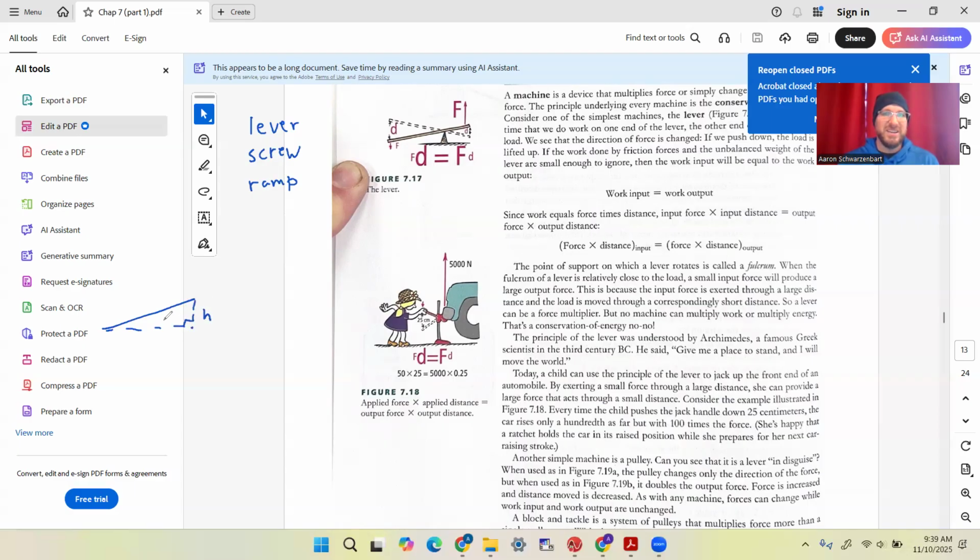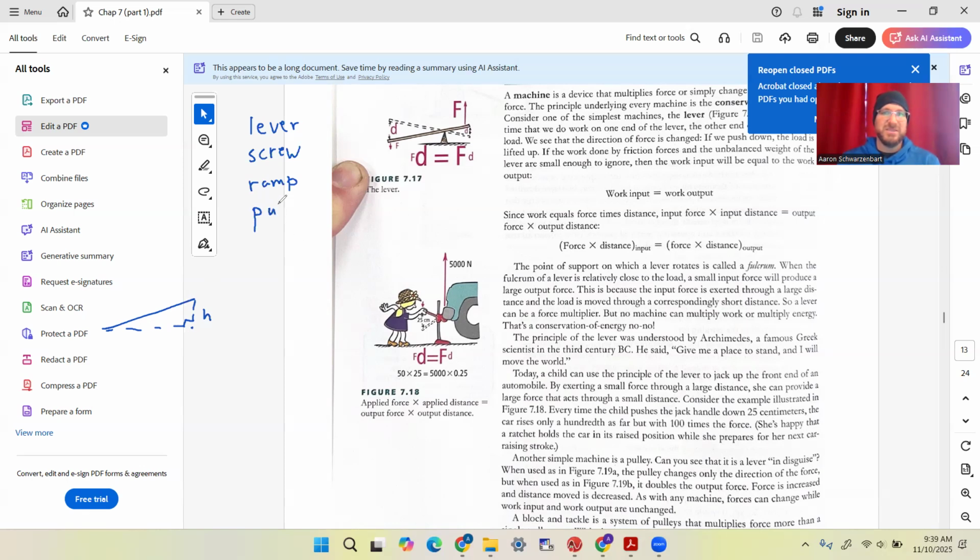We're using additional distance to do it so we don't have to go straight up. And this comes into play all the time when you're trying to get something heavy into the back of a truck. You can't just pick it straight up and put it in, but you could roll it up a ramp using lower amounts of force for a greater distance.